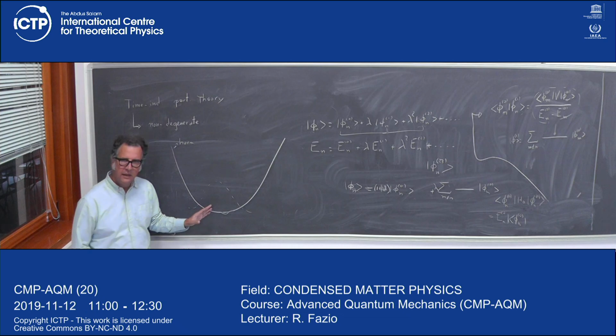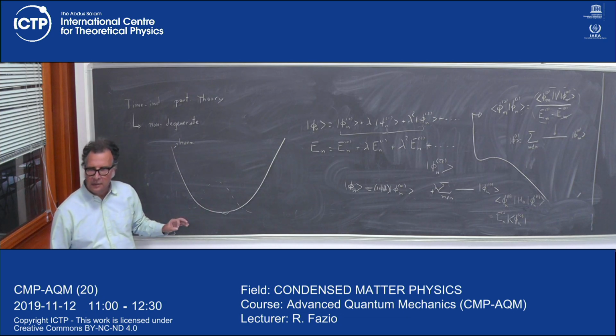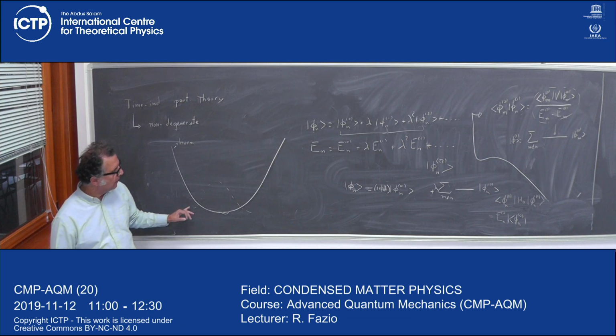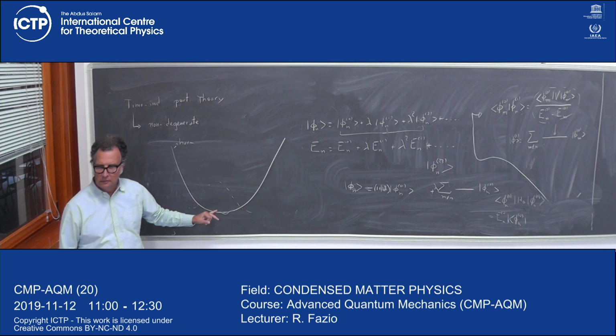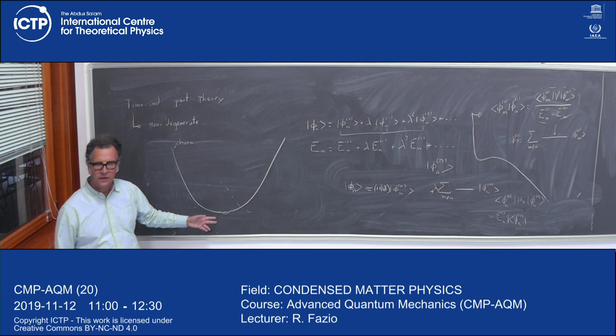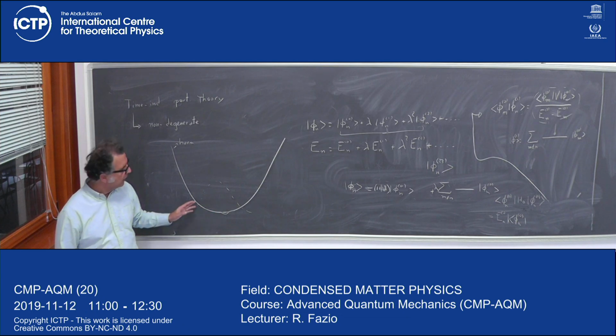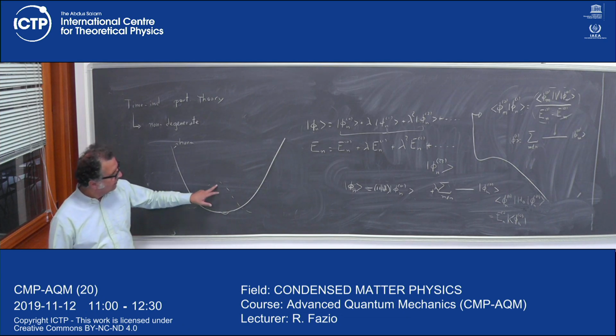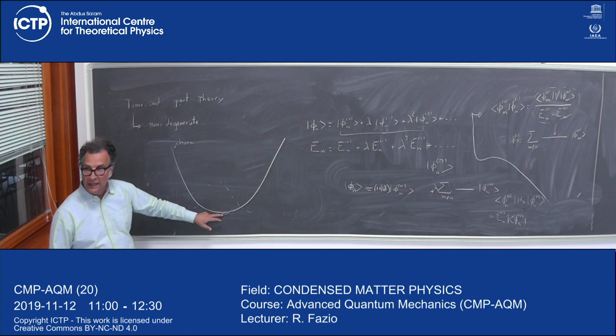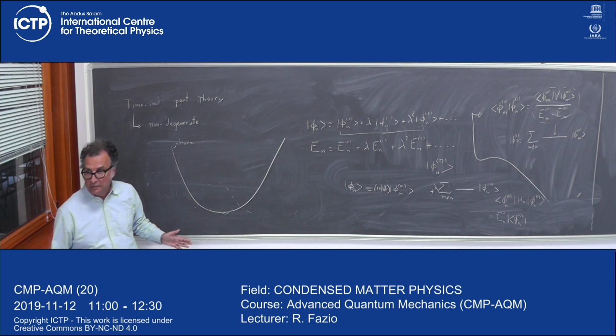One effect is related to the fact that the energy changes. So if you take this particle, it has some probability to stay here, but when it stays here, the potential is slightly lowered. So the eigenvalues will change.